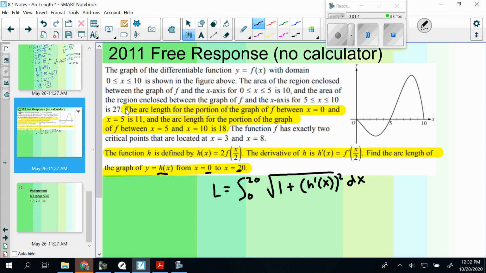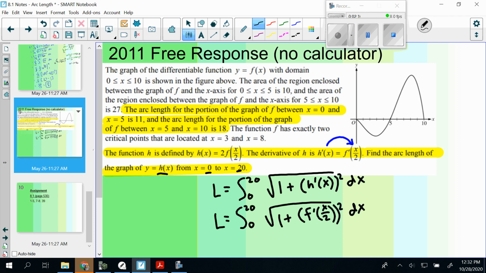They don't give us a function for that one. But they do tell us this right here, that the derivative of h is equal to this. And we do know some stuff about f. So let's substitute that in. So if we substitute in, 1 plus, this is now the derivative of f at x over 2 squared dx.